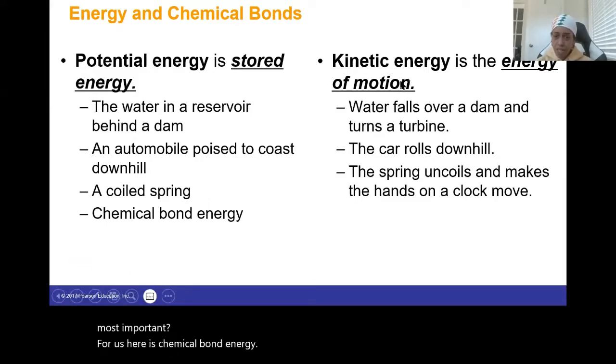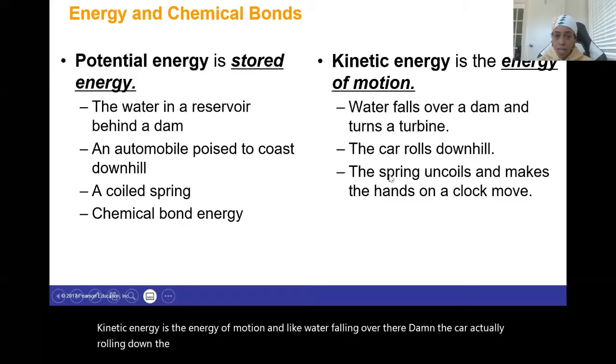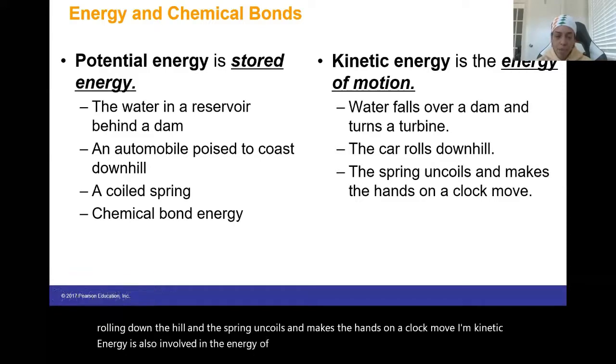Kinetic energy is the energy of motion, like water falling over a dam, the car actually rolling down the hill, and the spring uncoiling and making the hands on a clock move. Kinetic energy is also involved in the energy of molecules as they are moving when we increase the temperature of a substance, or if we add heat to a substance.